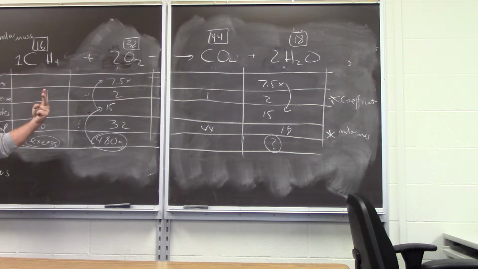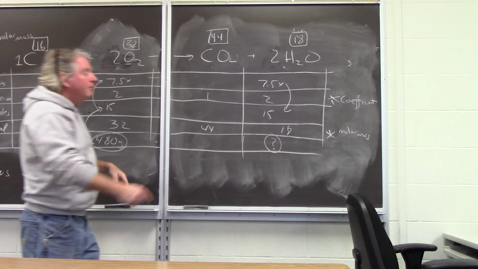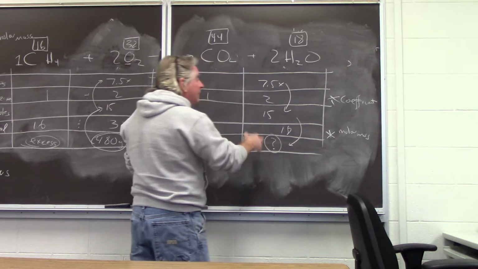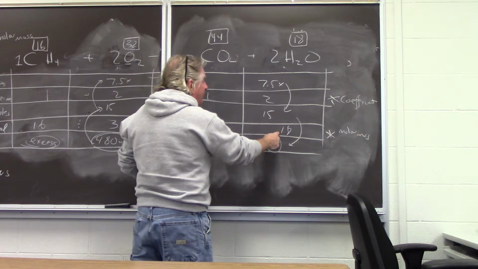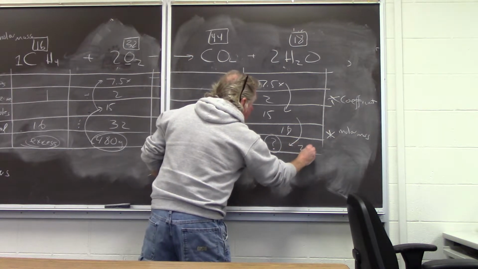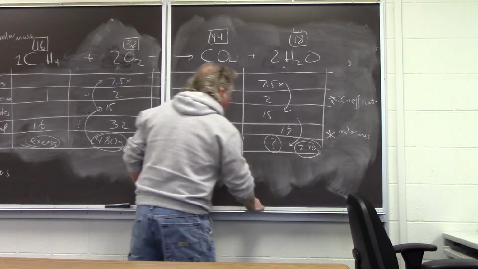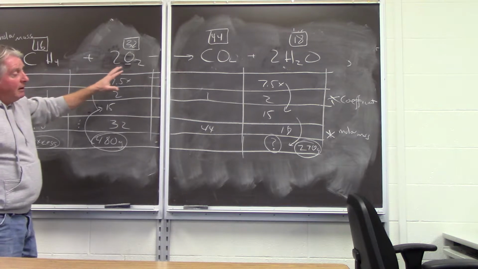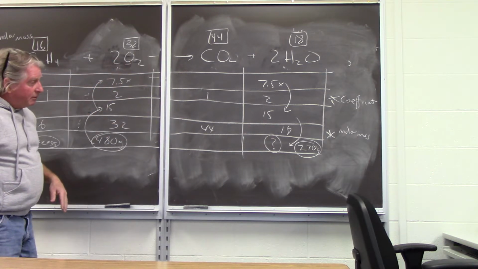Every time you do it, you do 2. Do 7.5 times. You get 15 moles. And then you multiply, well, every time you do it, you need 18, and you have 15 of them, and that's 270 grams.